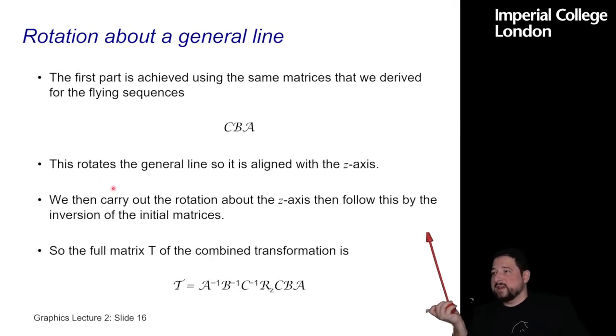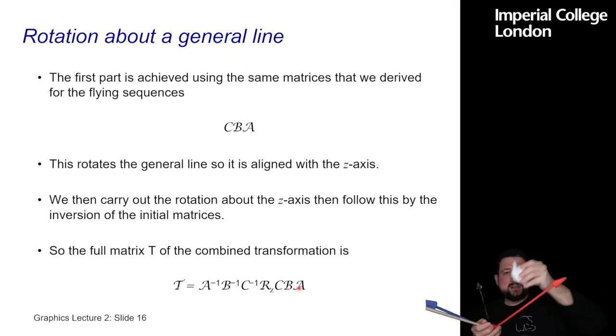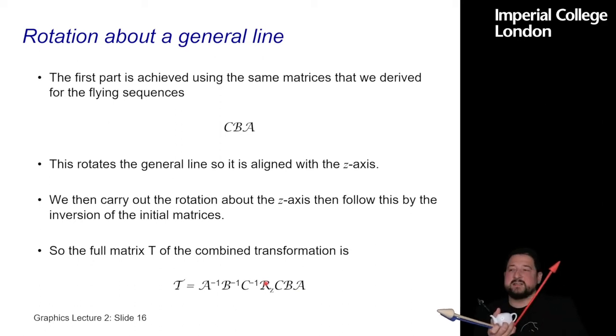So really how this looks like, and this is always how transformations basically look like. You always want to work out something that goes back to the origin, so that's matrix A. It moves your object from wherever it is to the origin. Then we rotate everything so that this axis you're interested in aligns with one of the axes. Then we apply our rotation around this axis, here in this case, just by choice, Rz.